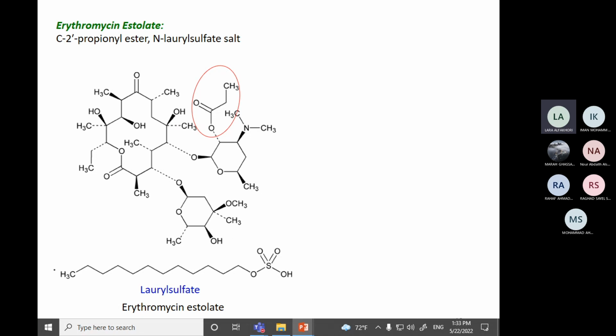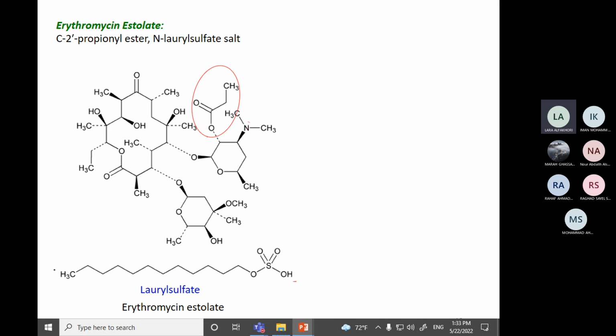Erythromycin estolate. This is what? A salt derivative of erythromycin or an ester? It's actually both. The oxygen has been attached to this acyl group via esterification, and also that nitrogen is bound via an ionic bond to the lauryl sulfate.